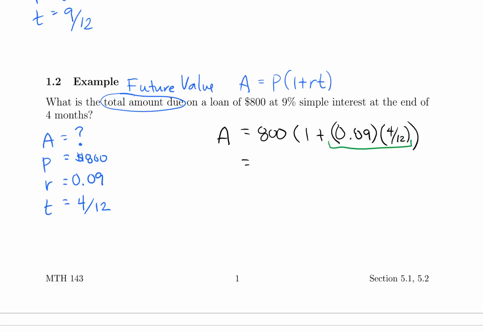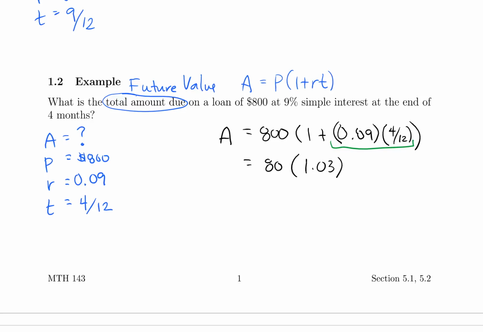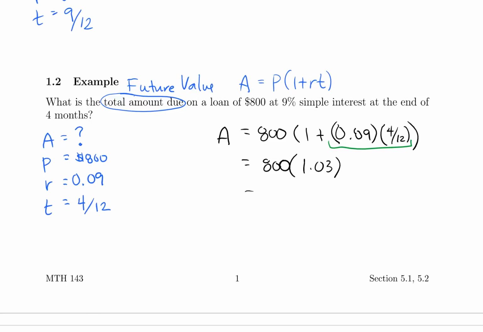And so we end up with 800, not 80, times 1.03, and we end up with $824. So if you take out a loan at 9% simple interest, and you borrow $800, then at the end of 4 months you are going to owe $824. So you're paying an extra $24 because you borrowed this money, so you have to pay interest on that money.